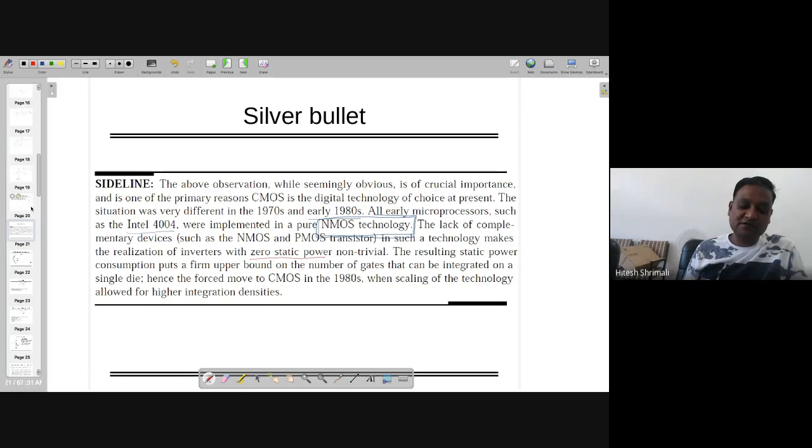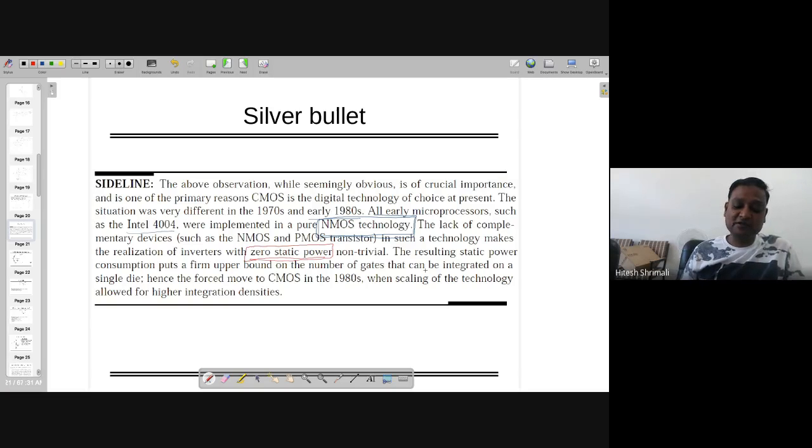So CMOS technology has the biggest advantage, that it has zero static power. If you look at that, the static power is zero, but in the case of NMOS, that was not possible. To achieve low static power consumption, there was an upper bound on the number of gates, and many other things became complicated with NMOS technology.